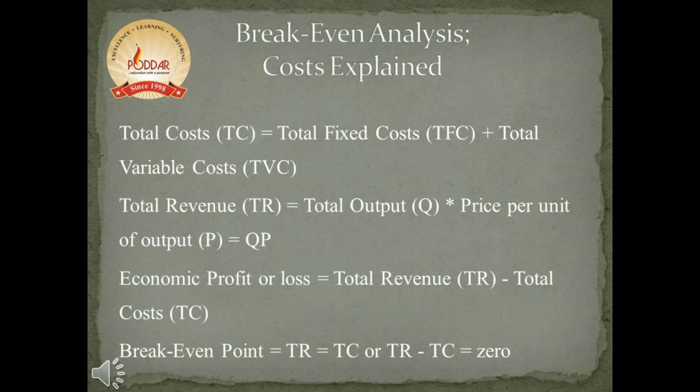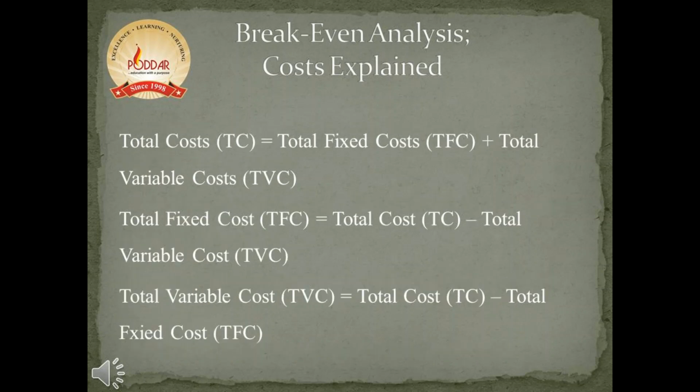We can also calculate break-even point with the help of total revenue and total cost, which equals total revenue minus total cost, and break-even point always functions here at zero profit. Costs here are simplified as total cost, as we discussed earlier, is a sum of total fixed cost and total variable cost.